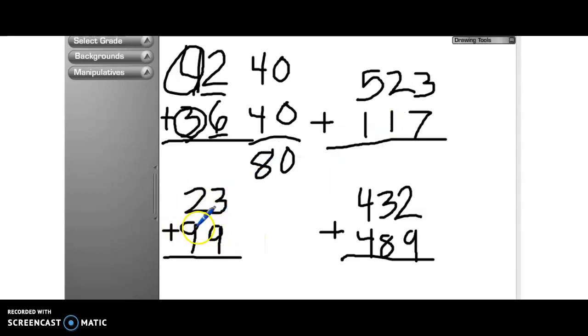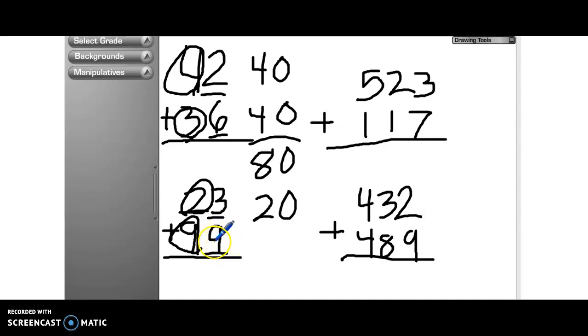Let's do this one. In your head, I want you to think about, you circle the number, which is 2 because we're rounding to the nearest 10. We're underlining the 3. 3 is less than 5, so that's going to be a 0. The 2 stays the same. Now this one's going to be a little trickier because it's 23 plus 99. So I'm going to circle the 9 because that's the tens place. I'm going to underline the 9.